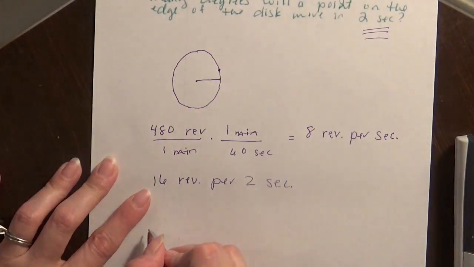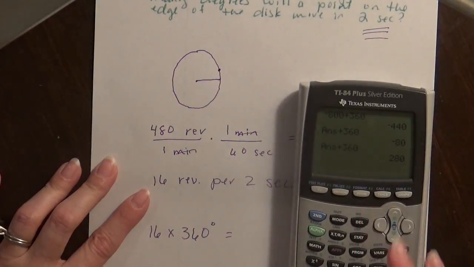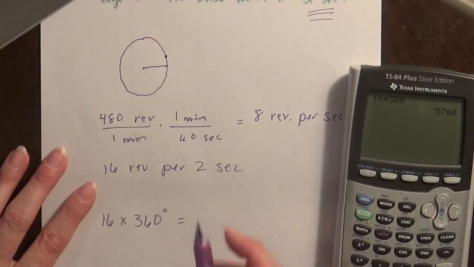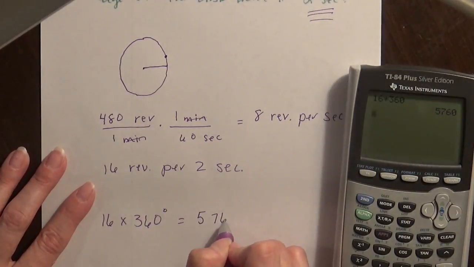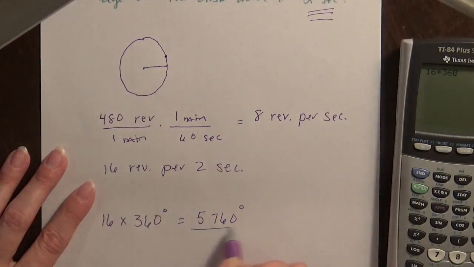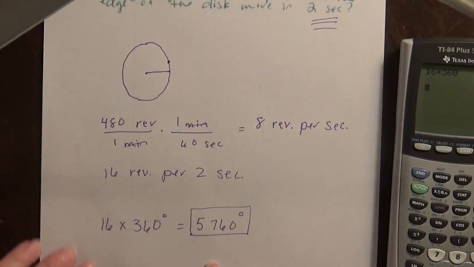So we need to do 16 times 360 degrees. That gives me 5,760. So it's going to be 5,760 degrees in 2 seconds.